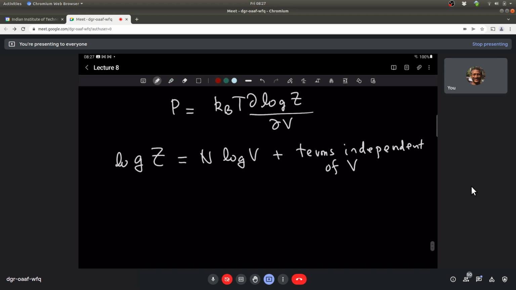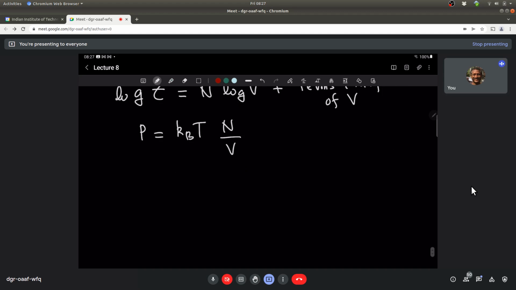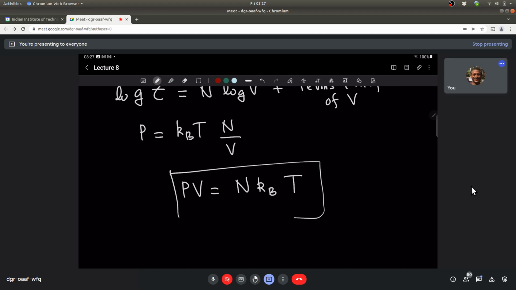Yes, sir. Okay, good. So now we can just take this. We get P equal to kBT, and the derivative of log V is 1 by V, so it becomes N by V. So we get PV equal to N kB times T. This is something which we are taught in high school.